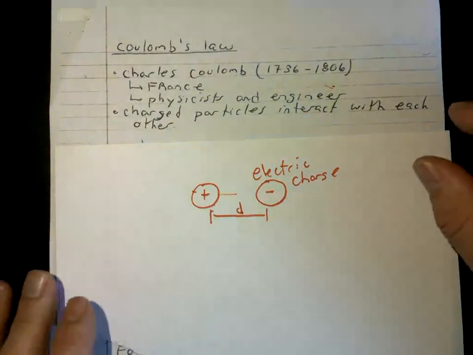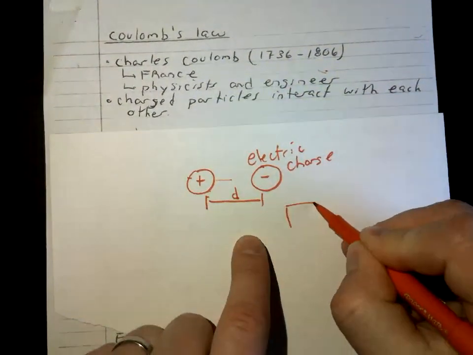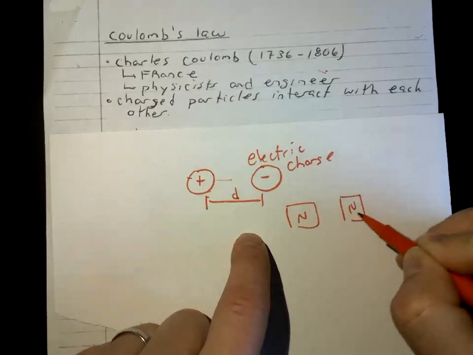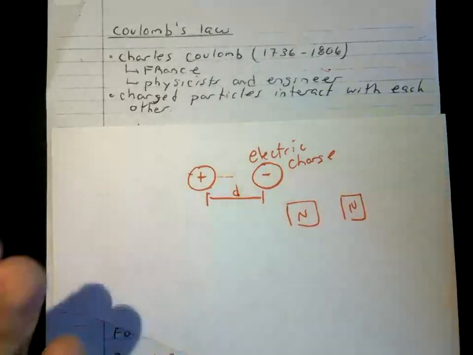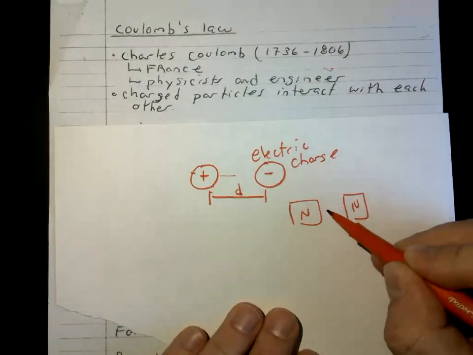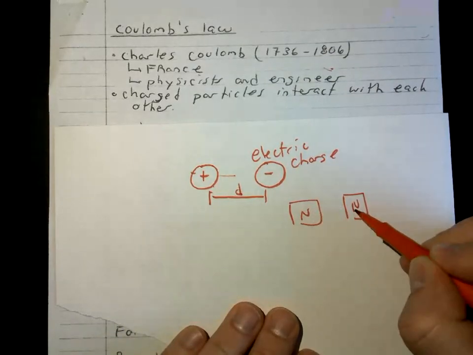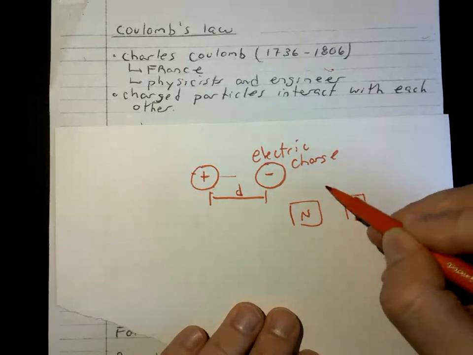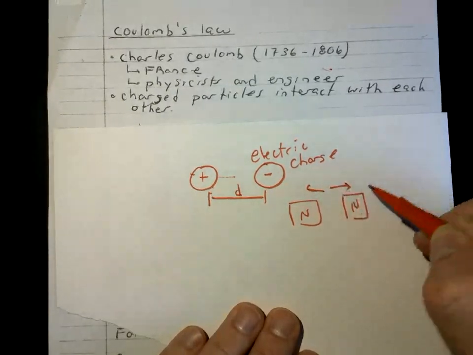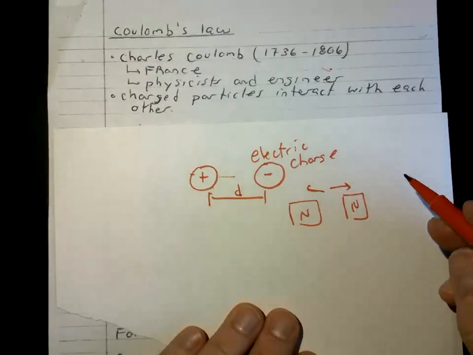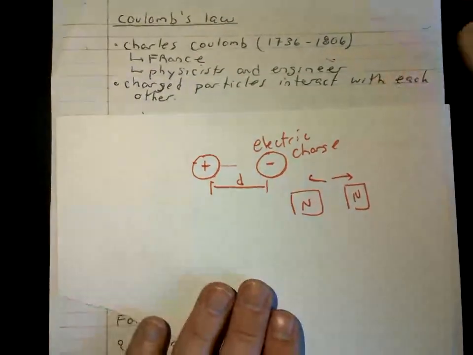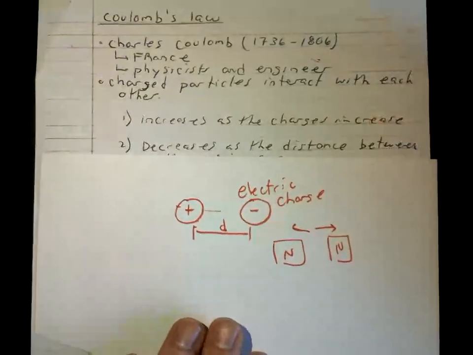If you take a north and a north, like magnets, you know what's going to happen, right? Because they are both the same charge, both north, they are going to repel each other very strongly. That's the idea we're going to look at today.